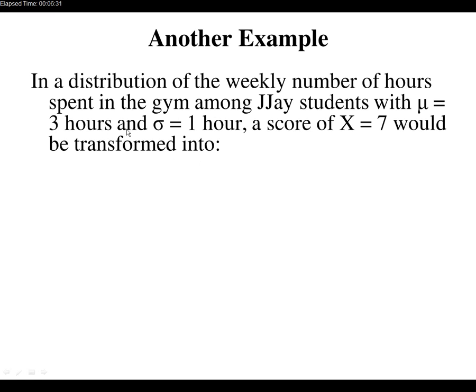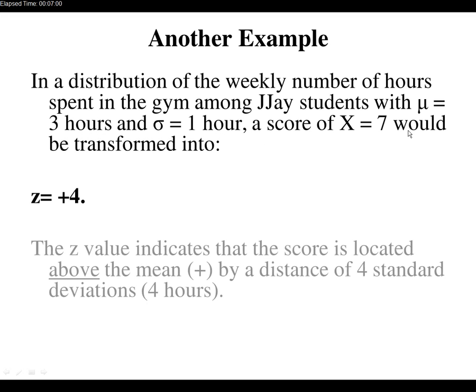The mean is 3 hours and the standard deviation is 1 hour. So if it's 7 hours, how much more than the mean is that? That's right, it's +4. So 7 equals 3 plus 4.